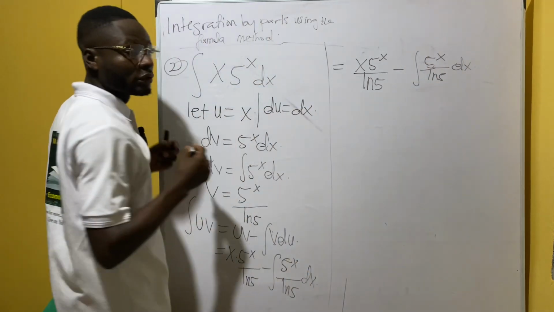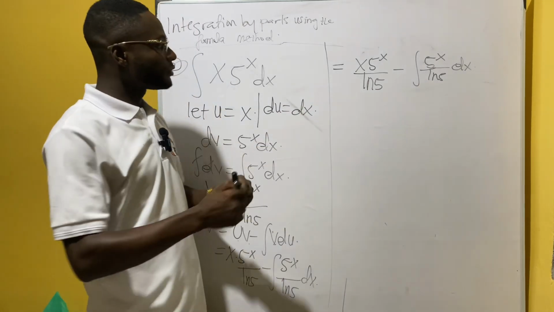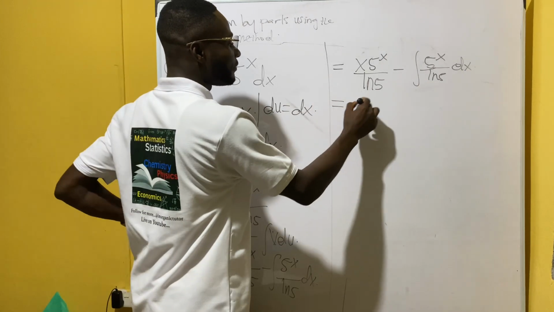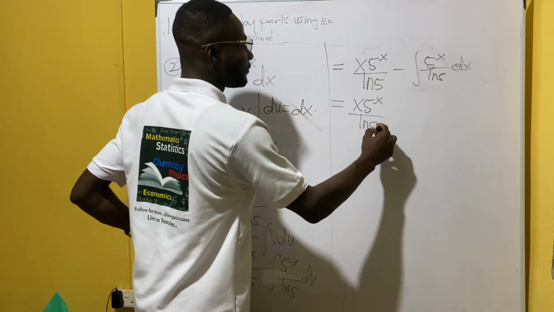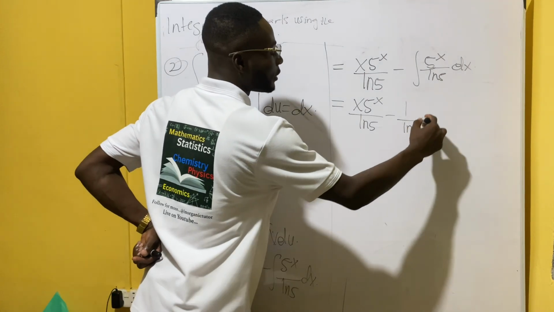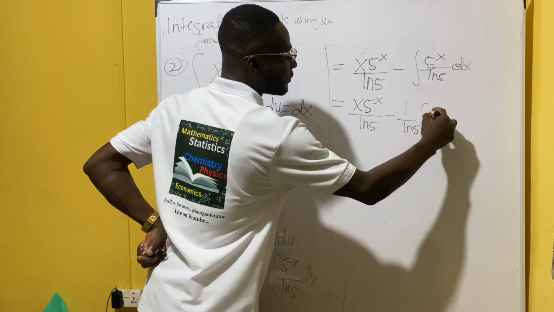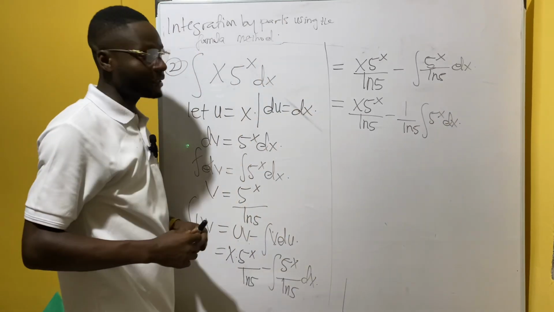Good. So now we can bring 1 on ln 5 out. So when we do that, we are going to have x 5 power x on ln 5 minus 1 on ln 5 integral of 5 power x dx, right?